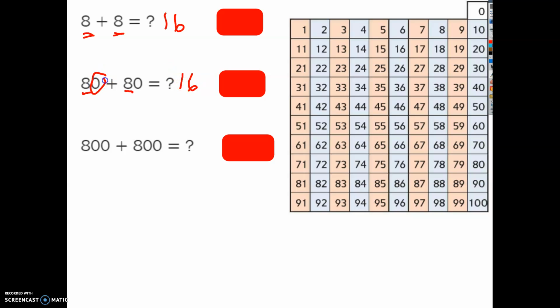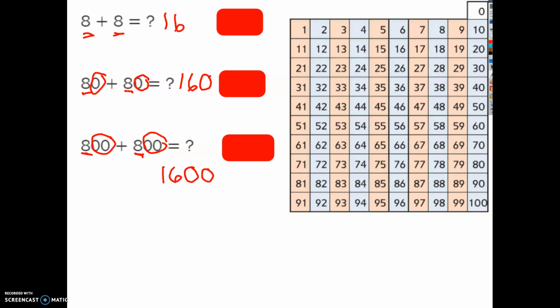And then here's 1 0, here's 1 0, because they're tens, so I need to add a 0 here. And I'll get 160. For 800 plus 800, think of 8 plus 8, which is 16. Here's 2 zeros because it's hundreds. So I'm going to add my 2 zeros here.